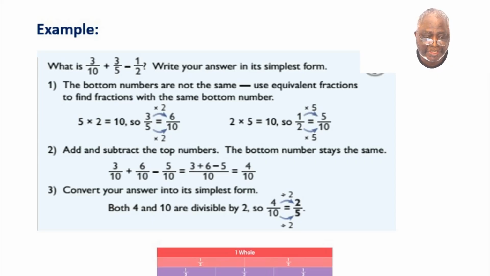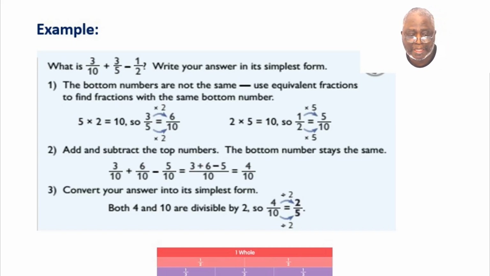So you have 3/10, which we have already at the start. Then we have the converted fractions, 6/10 minus 5/10. So 3/10 plus 6/10 minus 5/10 is equal to 4/10. By the way, what you see there in the middle, 3 plus 6 minus 5 over 10, is the way we used to do it when we were at school.